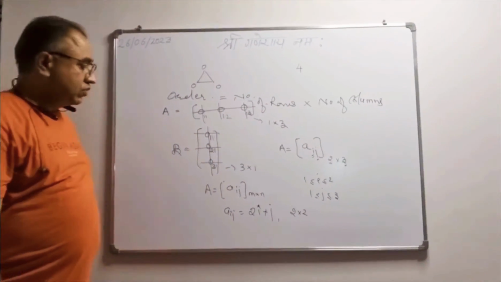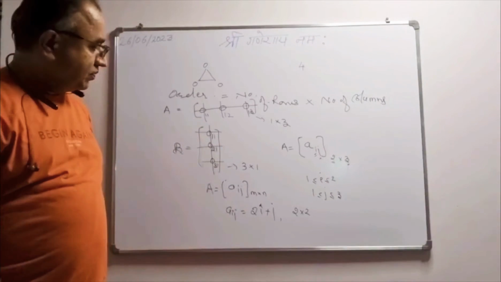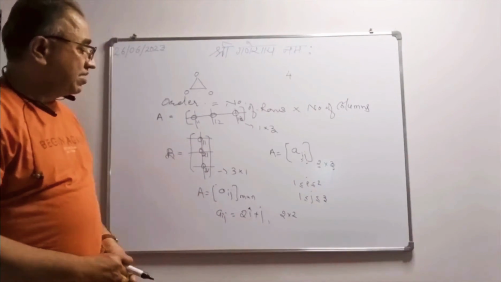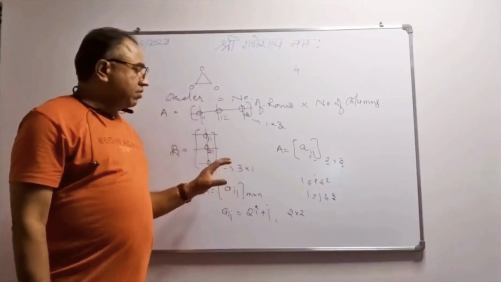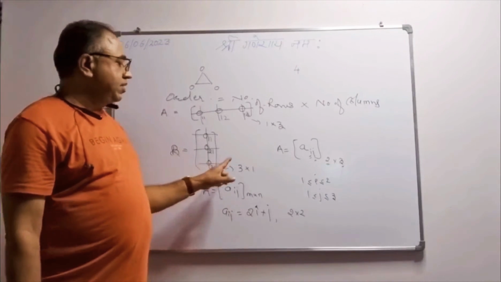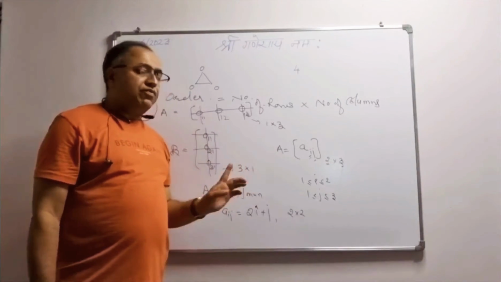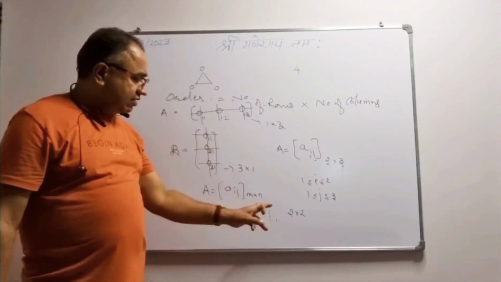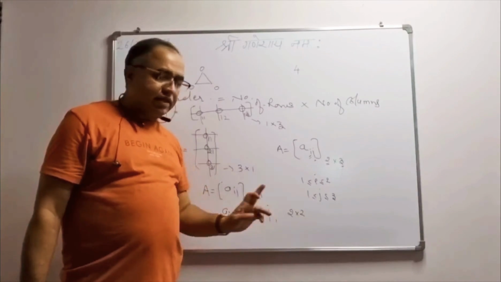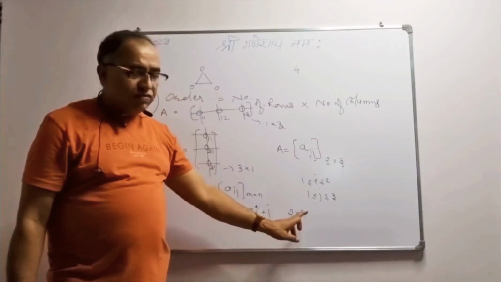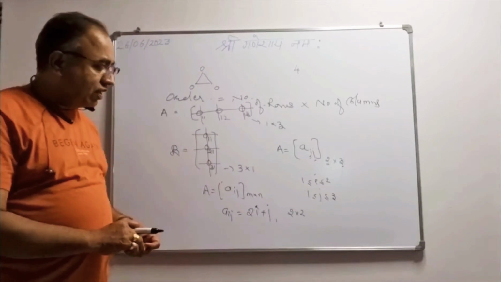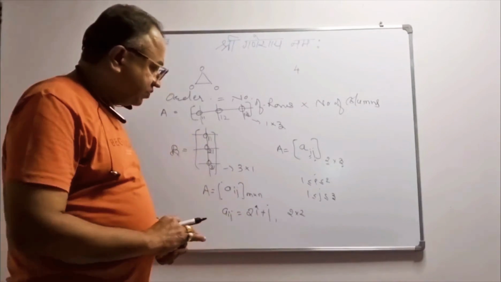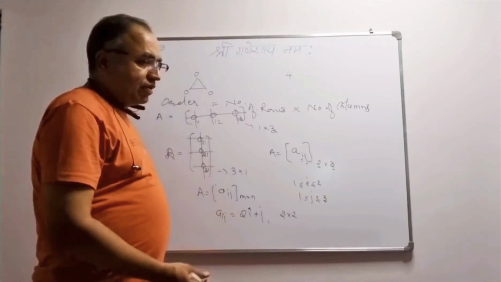So what do you conclude from this? First you should know how many elements are there in this matrix. The number of entries in any matrix will be the number of rows multiplied by the number of columns. Here it says construct a matrix of order 2 by 2. That means 2 rows, 2 columns are there. So 4 entries are there. So that matrix we have to construct.